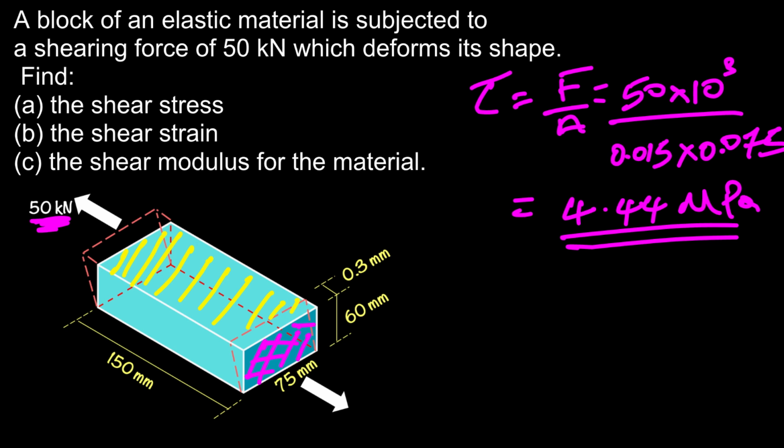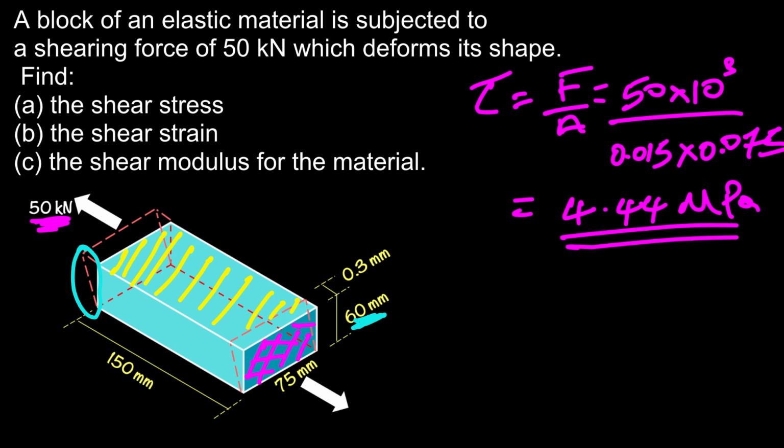For shear strain, if you can look right here where I'm circling that slanted length, that's the side, or that's the depth that's being distorted. And what we had here is the 60 millimeters highlighted right there, and because of the force applied, it then distorted that depth by 0.3 millimeters.